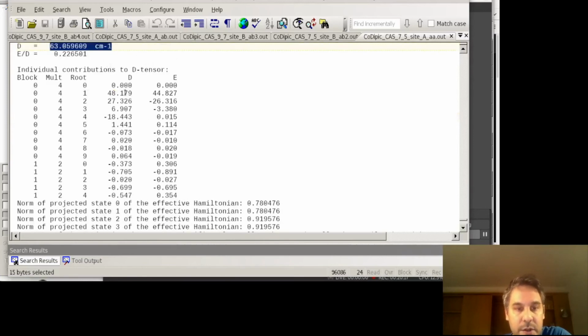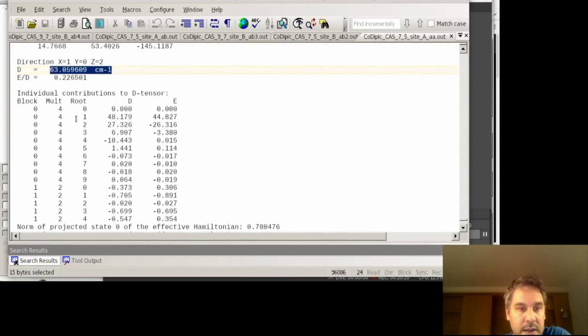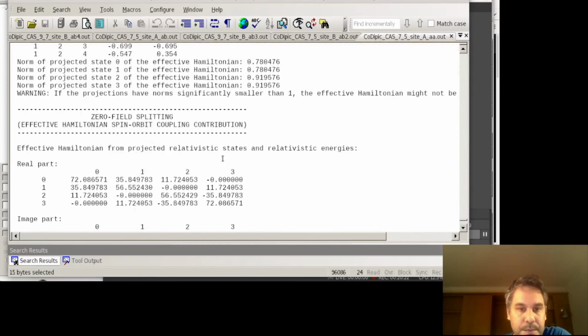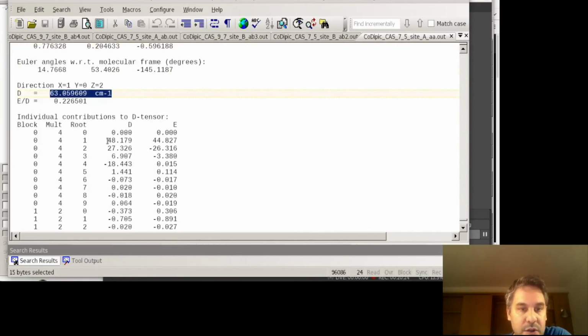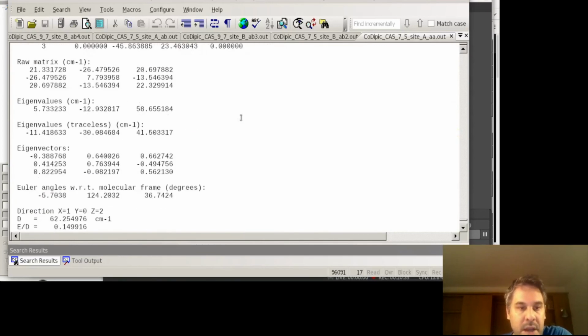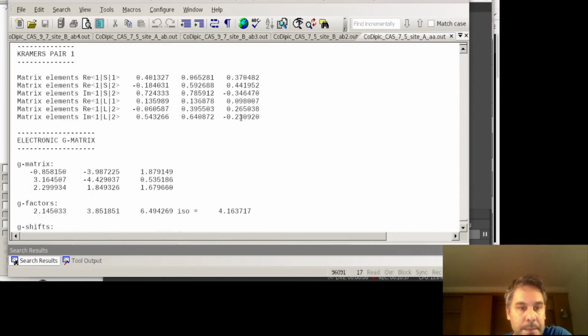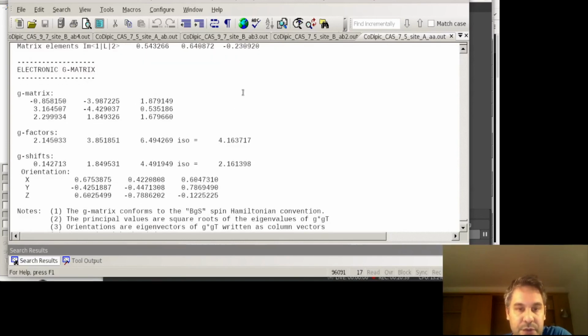And these are contributions to the D and E values that come from different roots. So you see that the contributions come from excited roots. If I only calculated the ground state root 0, I would not have any D and E. And then I have the G matrix. There are several G matrices because it's calculated more than one way, and also we have CASSCF and NEVPT2 results.